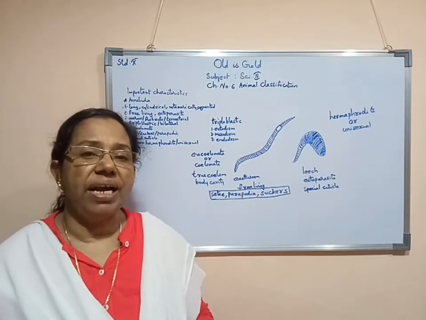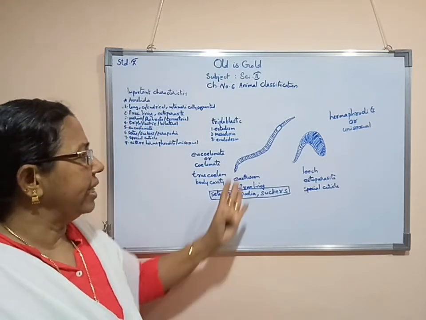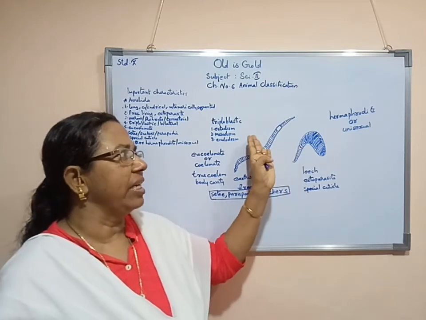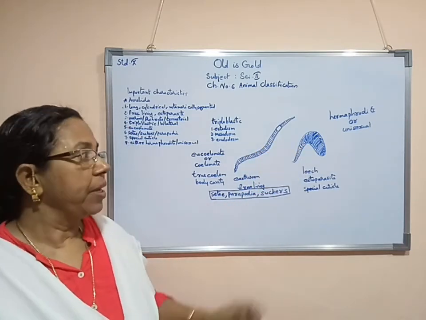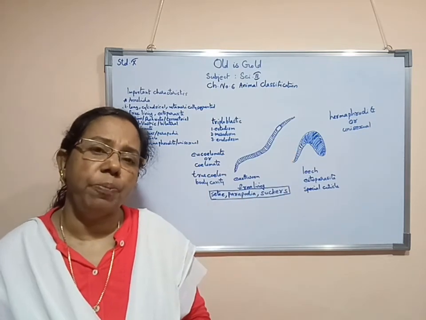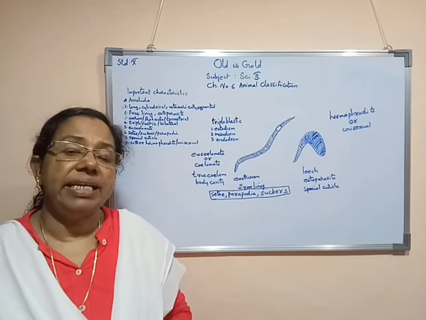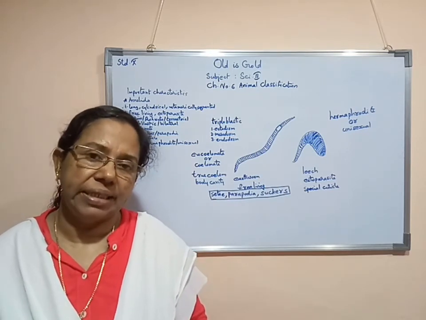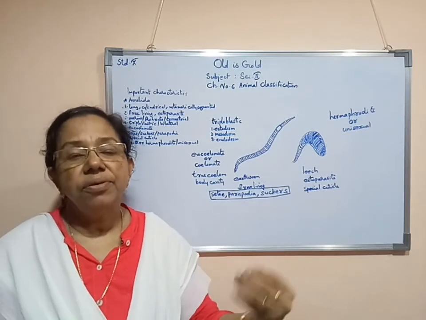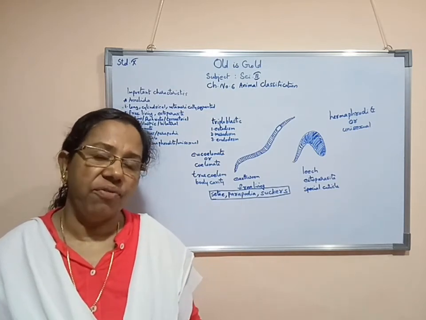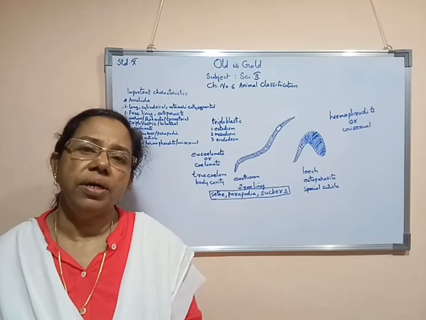Now we will have a quick revision of phylum Annelida. In phylum Annelida, we are studying two examples. One is earthworm, the other is leech. Leech is an example of ectoparasite. Earthworm is an example of a free living organism. Free living means they may live either in freshwater or marine water, or on land.